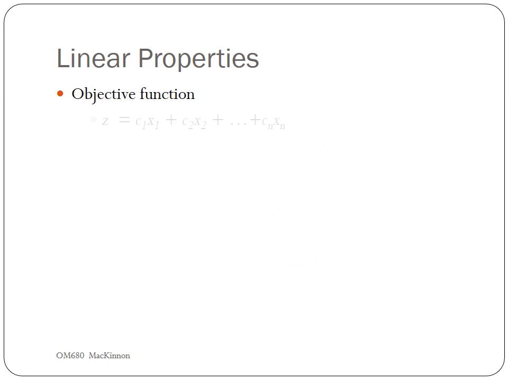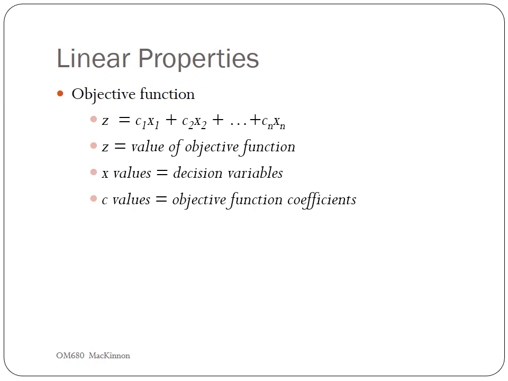So the objective function. Let's take a look. Z equals C1X1 plus C2X2 and so on, all the way up to however many variables that you have. So let's identify these. Z is the value of the objective. Z is often used as the letter designating the objective, but that's just a convention.